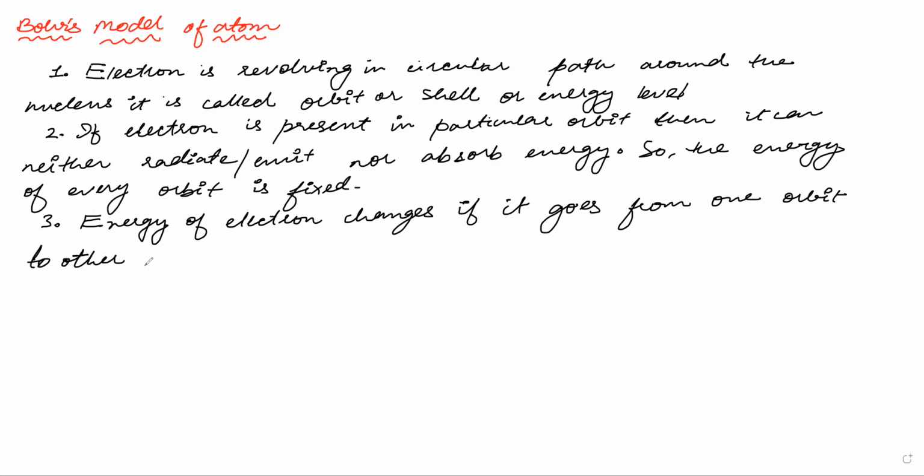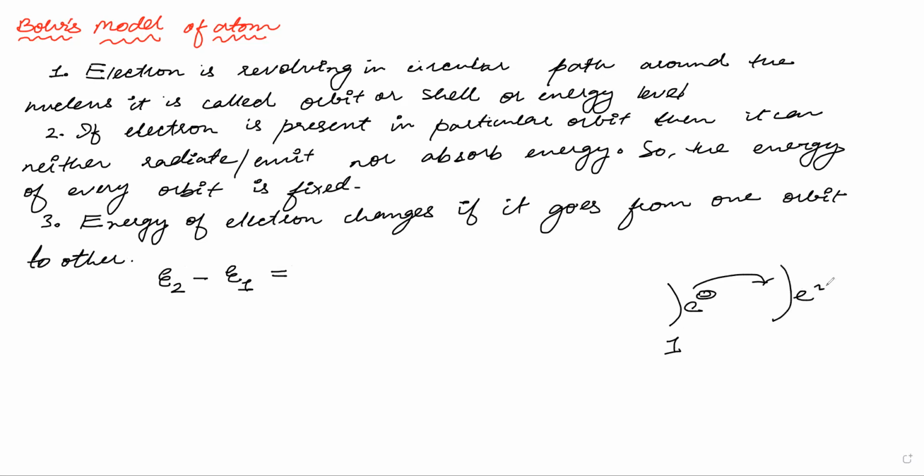When the transition of an electron takes place from one orbit to other, we will have E2, the final energy level, minus E1. So what we are calculating here is the change in energy of the electron. If it is in the first level, the energy of the first level will be something, and it went to the second level.